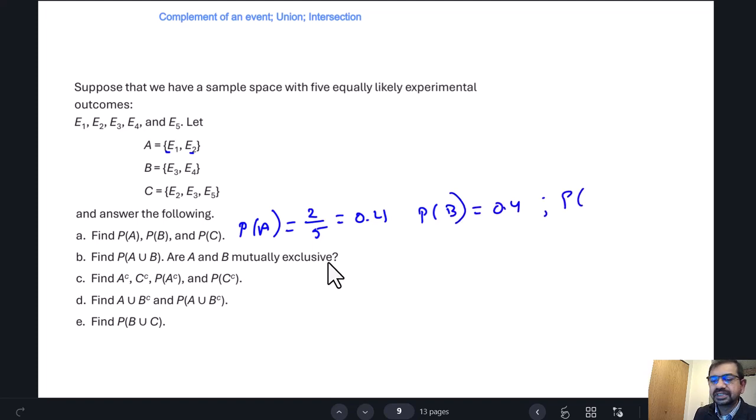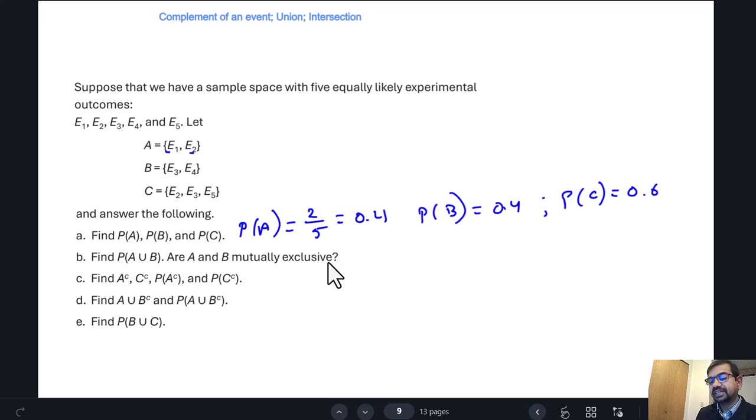And then the probability of C, in C we have 3 possible events out of a total of 5. So we have 0.6. Now you might wonder, if we add up 0.4, 0.4, and 0.6, we're getting a number more than 100% or 1, but we had seen that they all add up to 1. Well, there's an idea of intersection because there is a common event which some of these sets share. So we'll look at that in just a little bit.